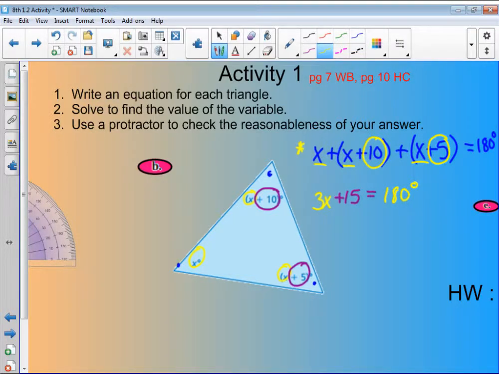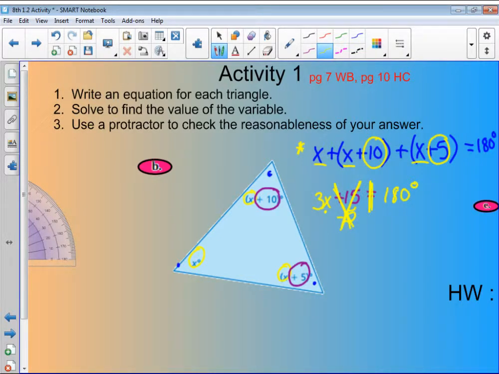Okay, so now we have to work order of operations backwards. So my first step is going to be to get rid of any adding or subtracting. So right now it's plus 15. I'm going to do minus 15. That'll cancel it out. And I know that I'm moving this 15 because I want to get X by itself. So I have to move any of that adding or subtracting away from it first.